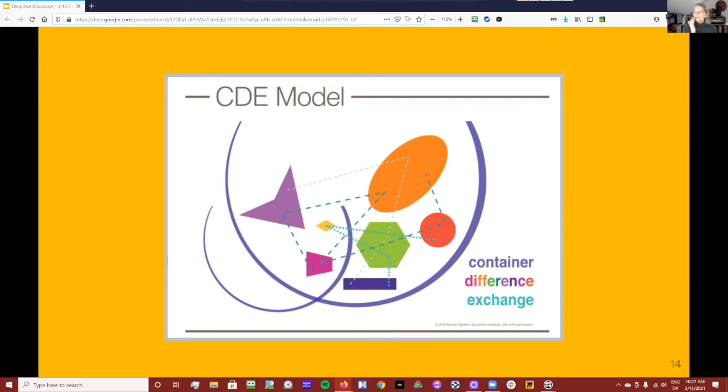But okay, so I'm going to talk about the containers, the differences, and exchanges for just a moment, or I'm going to talk about each one individually. But let's go ahead and have you click on that link that Kara's putting there. I'm going to stop sharing for a moment so I can see all your faces.